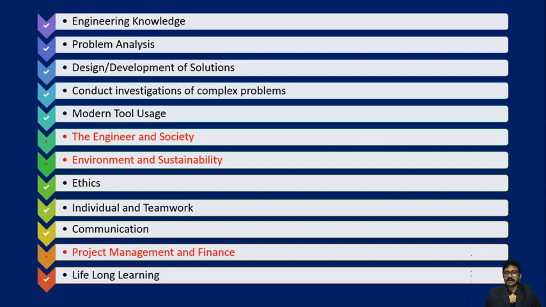Whereas the graduate attributes which are not mapped to this subject are the engineer and society, environment and sustainability, and project management and finance. So we will be studying the theoretical aspects here. We are not studying the economical aspects of this topic. So these are the graduate attributes.